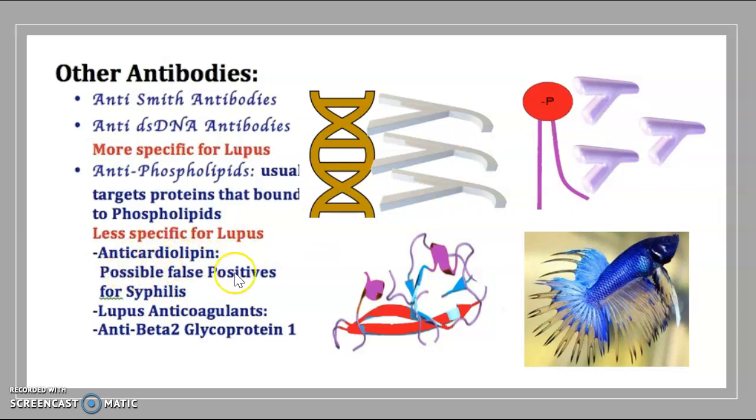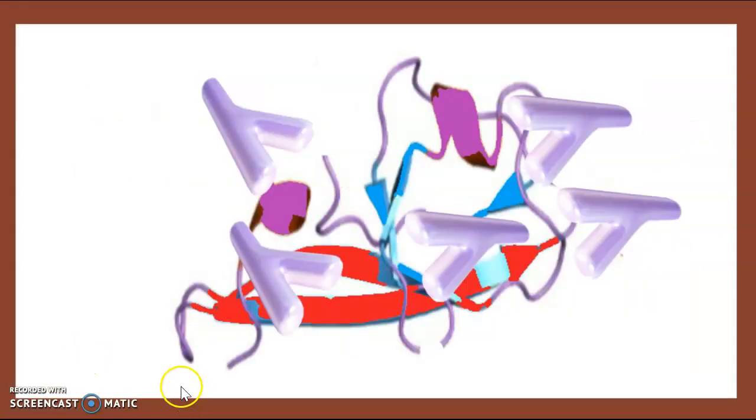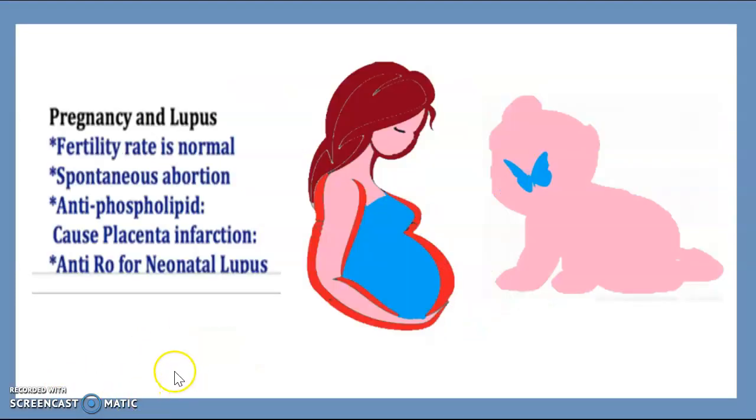Anticardiolipin, remember there is a possible false positive with syphilis. And the last one is anti-beta-2 glycoprotein. Remember, the beta fish lets you remember anti-beta-2 glycoprotein.